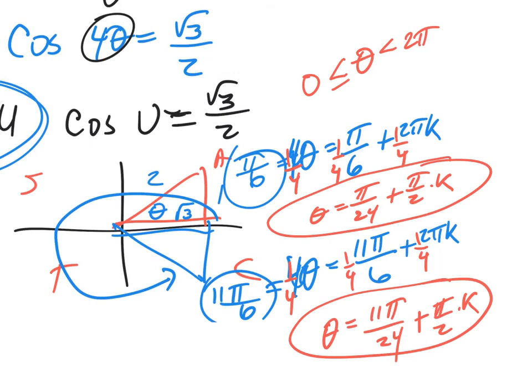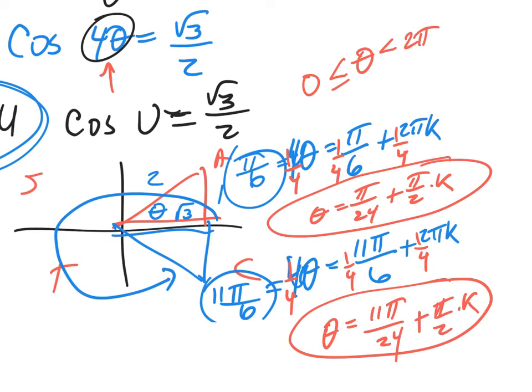Then I would have only given 2 answers so far, and do you remember that if you have a 4 in here, then you're going to actually have 4 times as many answers? So normally I have 2 answers. This would have 8 answers. All right, so the answers that I already have are pi over 24 and 11 pi over 24.